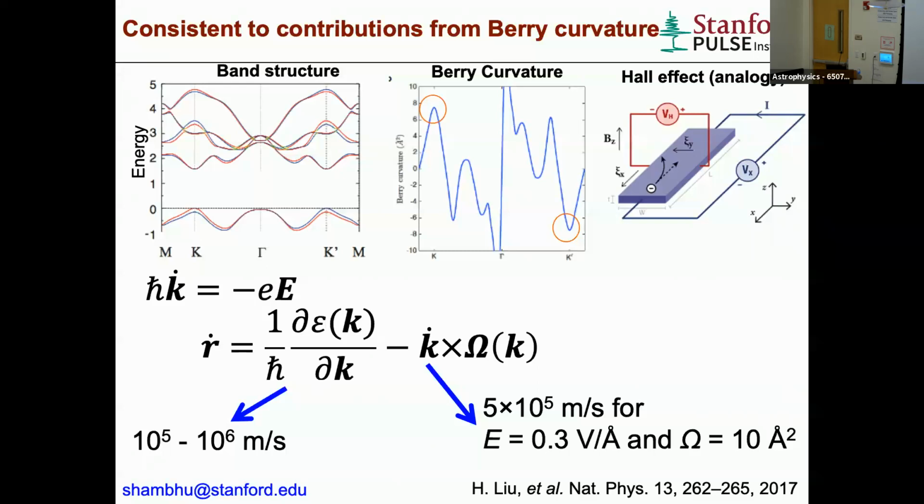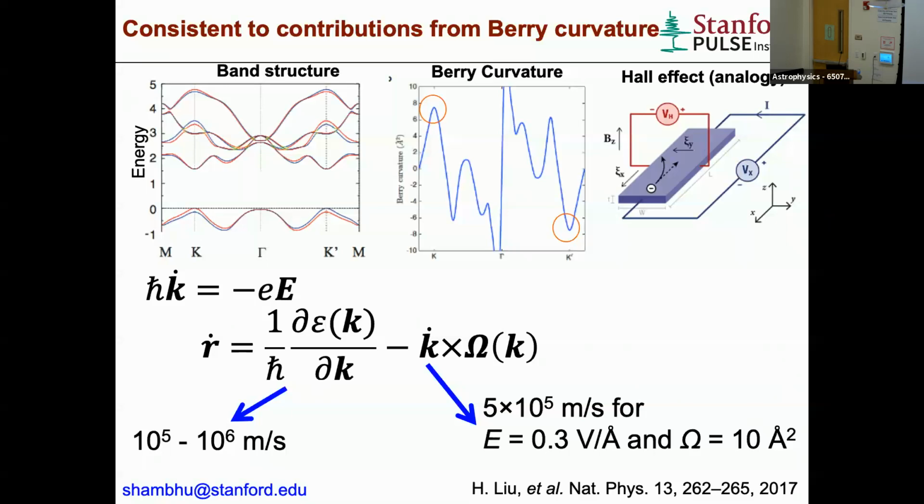What it does is that, as you can see, because of this cross term, it acts like an artificial magnetic field for the electron in the band. So, if you remember your Hall effect experiment, you have the Hall voltage that, of course, is in the perpendicular direction of the applied voltage and the magnetic field.